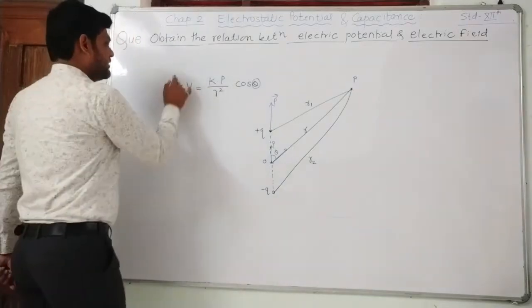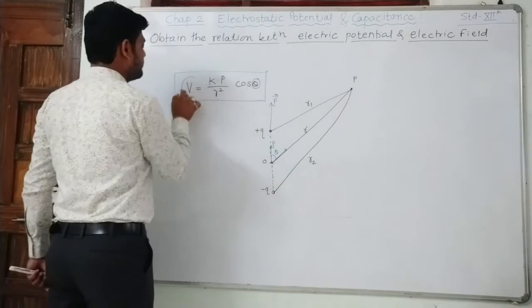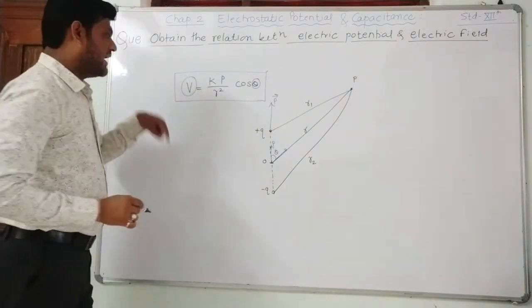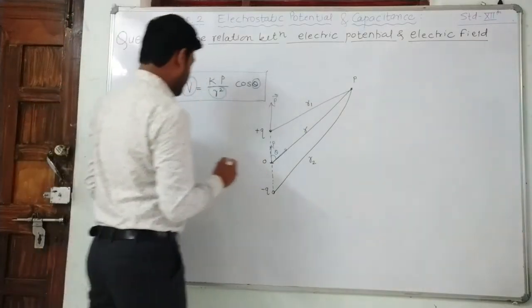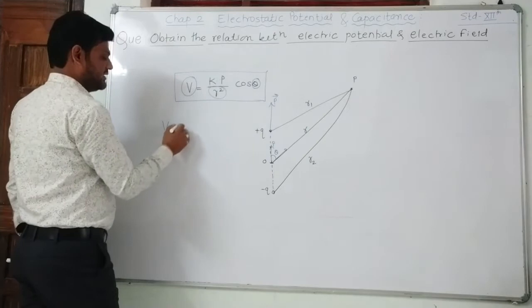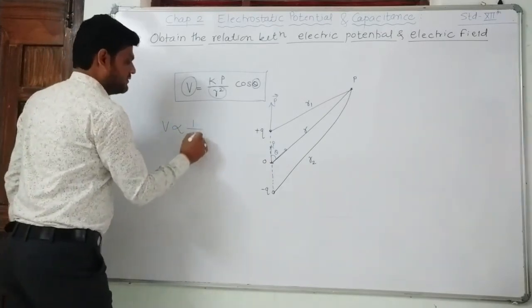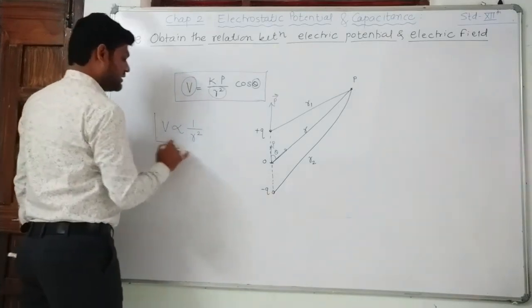With the help of this equation, we can conclude that the potential due to the dipole varies as 1 by R square. It means electric potential is inversely proportional to R square due to the dipole.